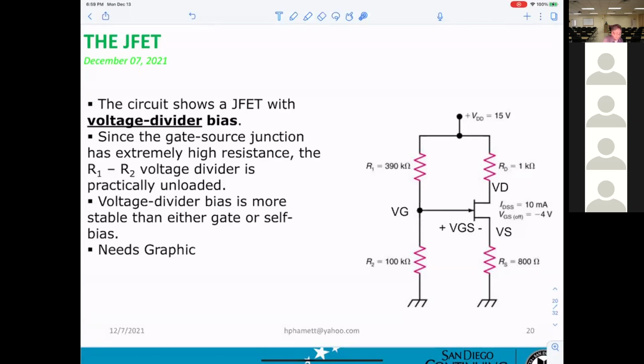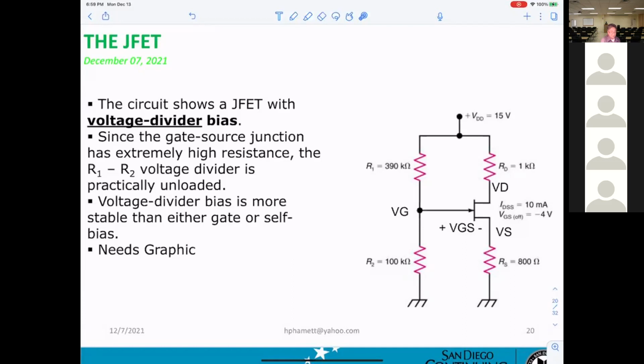Welcome. Now, voltage divider bias is more stable than either gate or self bias. And also, you need the graph to solve the problem, to do any calculation.